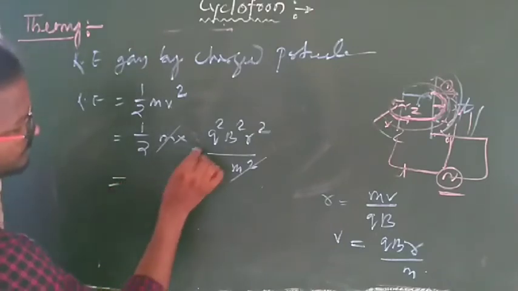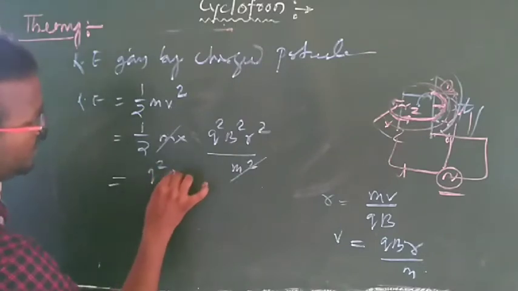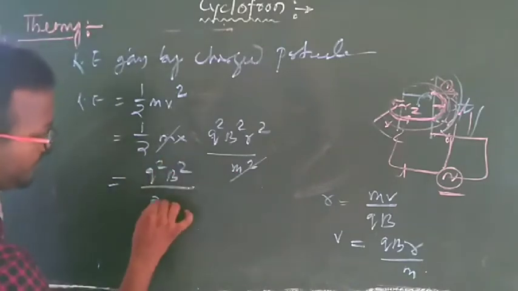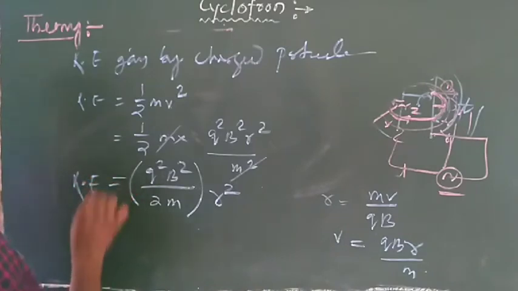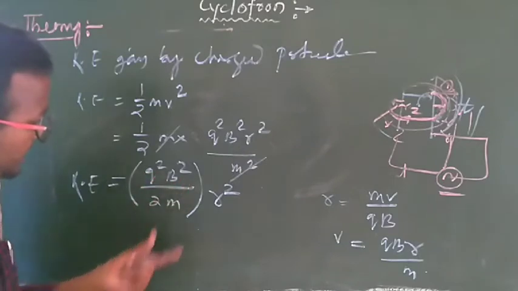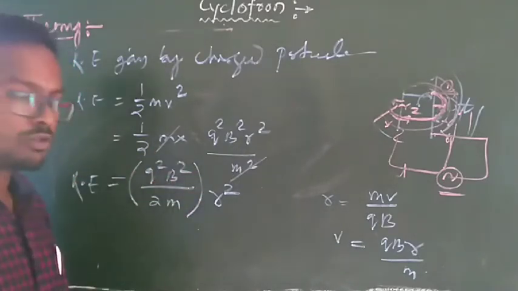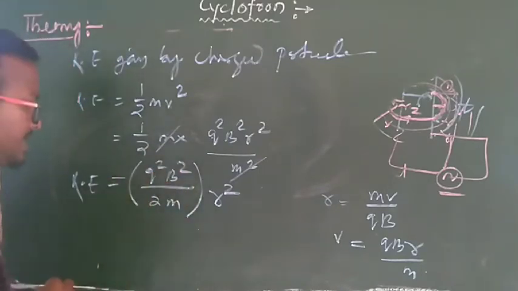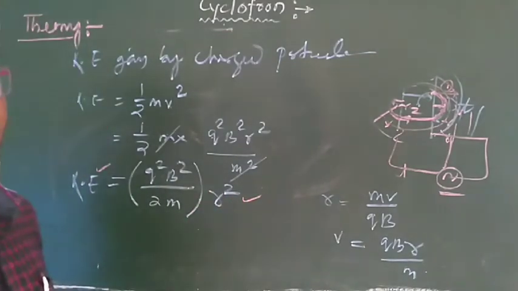So we can write q square B square divided by 2m, times r square, and that is the kinetic energy gained by the charge particle inside the cyclotron. Here q square B square by 2m is constant, because charge is constant, magnetic field is constant, mass of the charge particle is constant, and 2 is constant. So kinetic energy depends on the radius of the circular path.